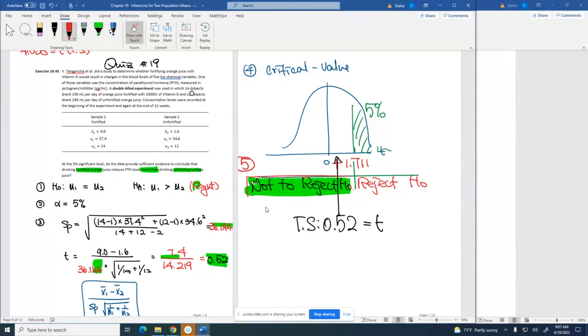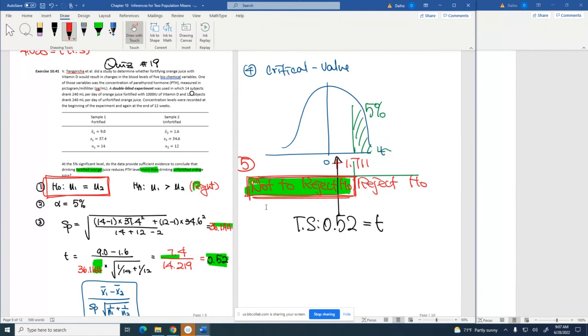Which one should I interpret? The null. What does it mean? Same. It's no difference.